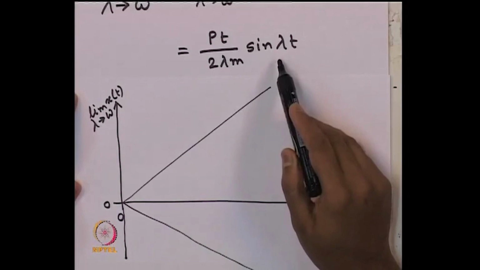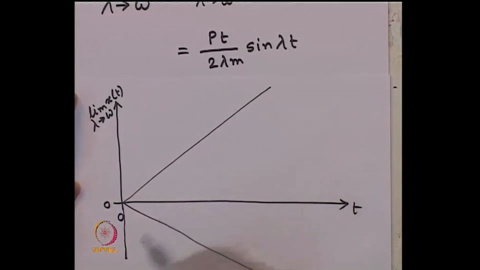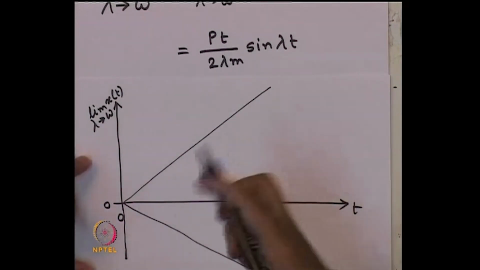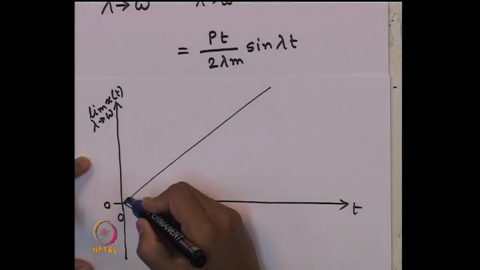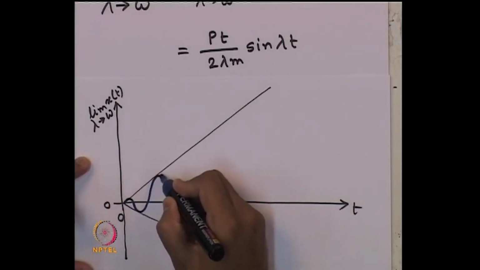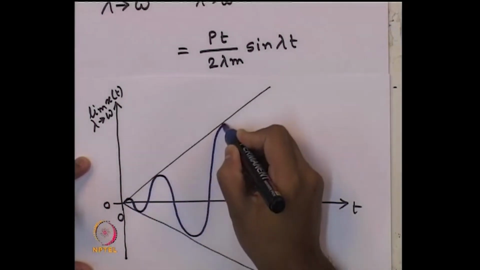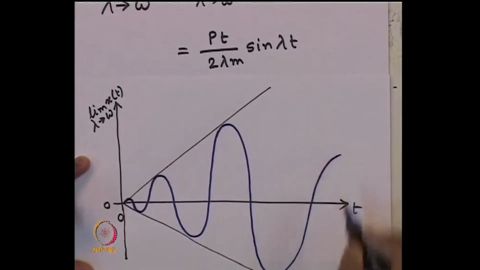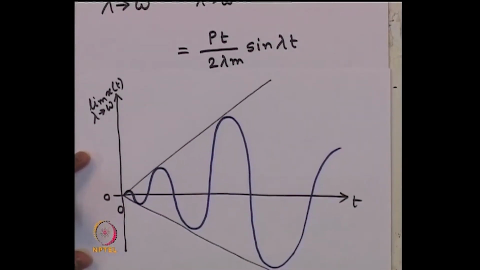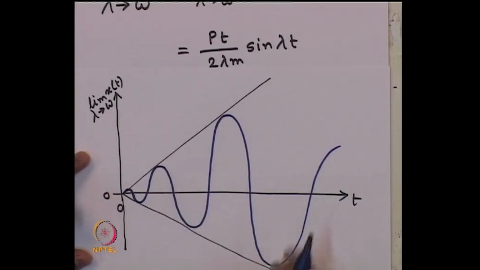Now, there is another function attached to it, which is sine of lambda t. So, the actual response is not this line, but a harmonic function like this. Can you see what type of disaster is going to happen?